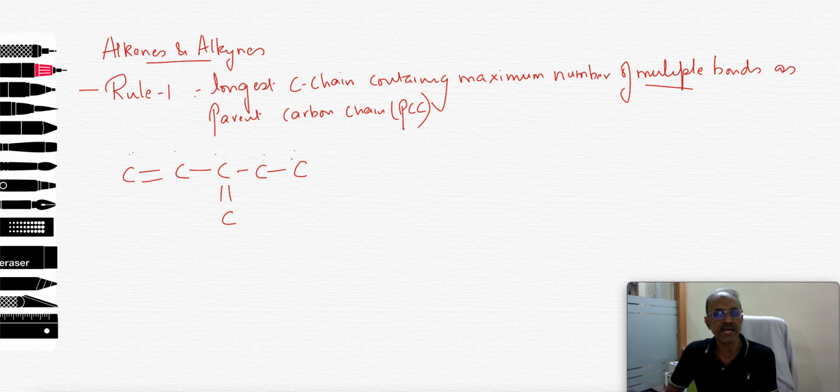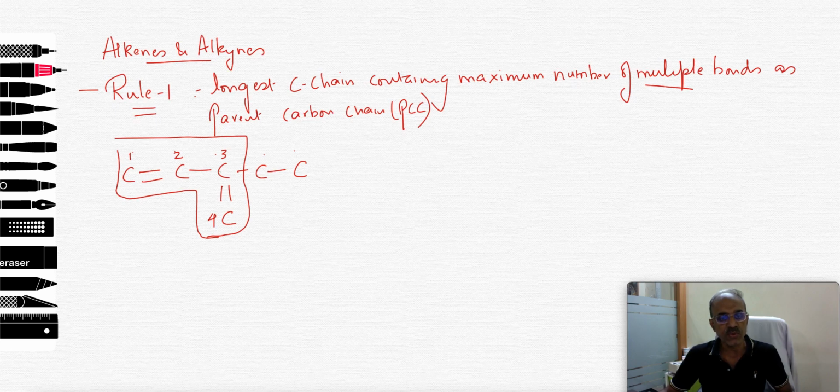This will be the longest parent carbon chain, but as per the rule, it should contain the maximum number of multiple bonds. If I see the maximum number of multiple bonds, it happens to be 1, 2, 3 and then 4, because here it contains two multiple bonds. So I will say this becomes the parent carbon chain. There are 4 carbons here and 5 carbons there, but still, since it has the maximum multiple bonds, it will be taken as the parent carbon chain.